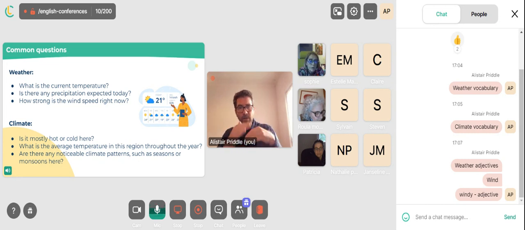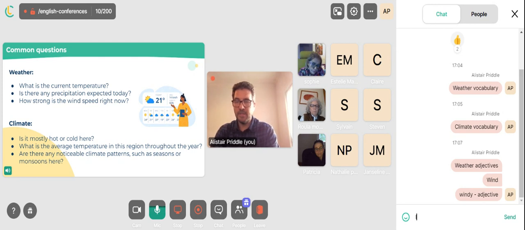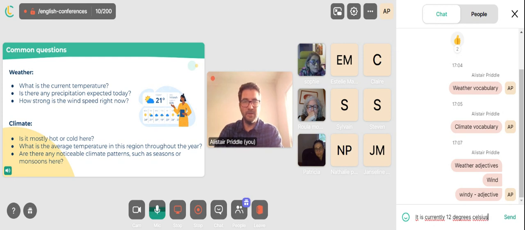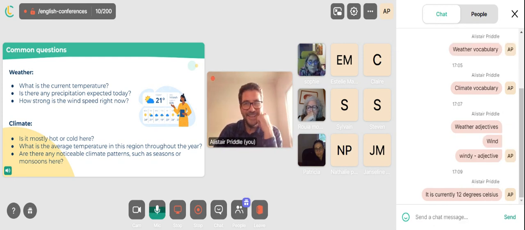Okay, so let's go back to the weather questions. How do we answer them? So what is the current temperature? I could reply for myself and say it is currently 12 degrees Celsius. Is there any precipitation expected today?